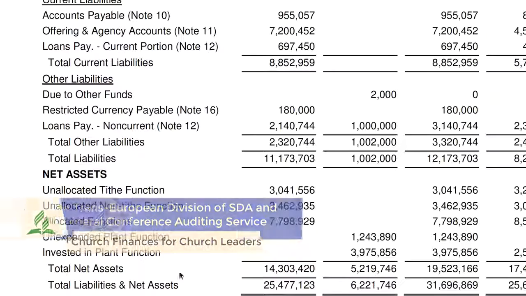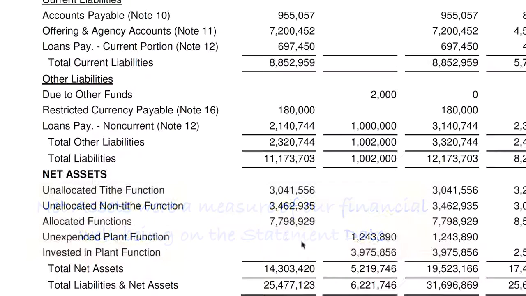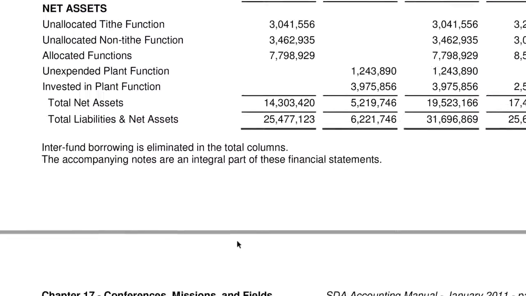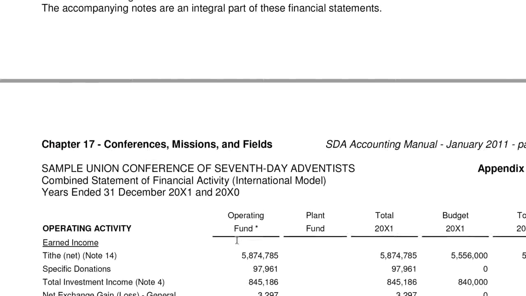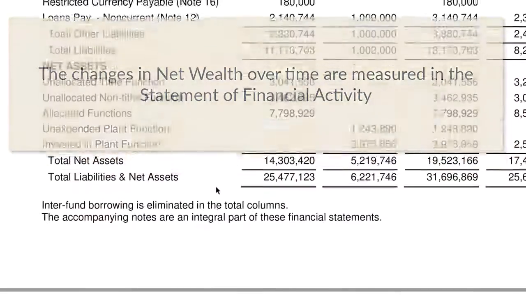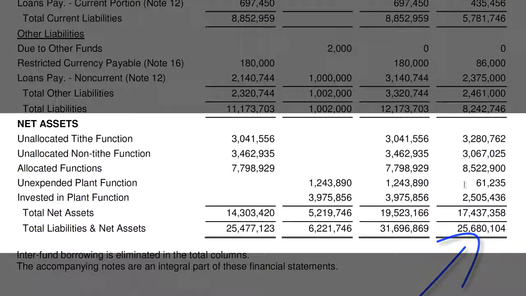But our overall net wealth is captured down here in net assets in many different forms and ways. Our measurement of increases in net wealth happens in the statement of financial activity. That is, we had at the beginning of the year, right over here, a certain amount of net wealth and net assets.